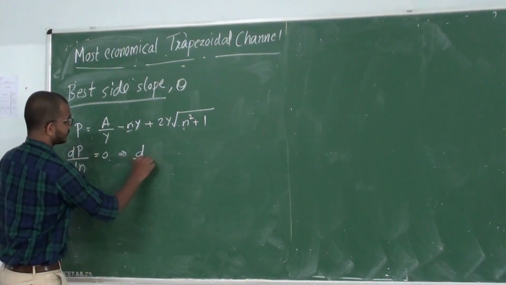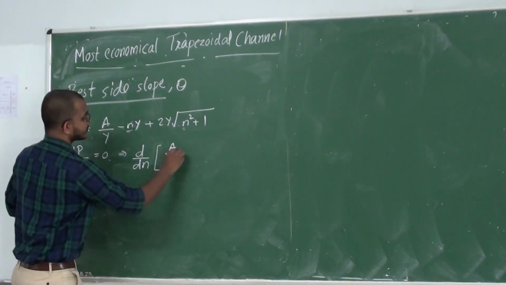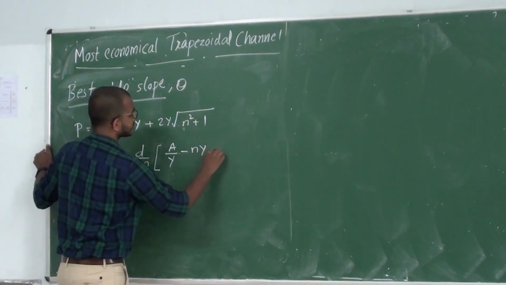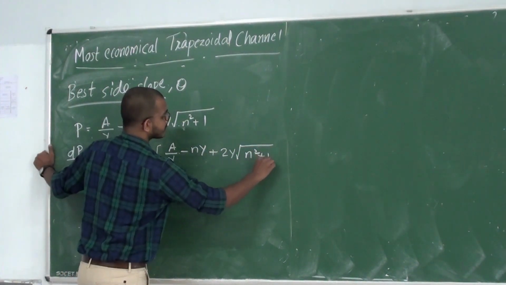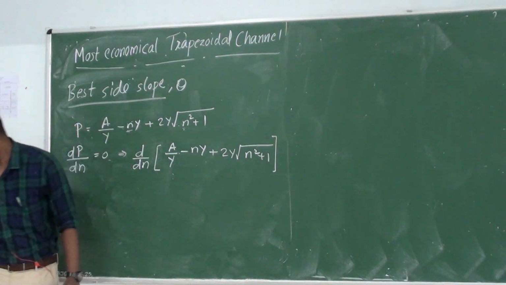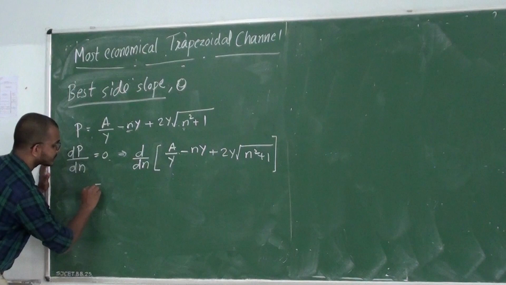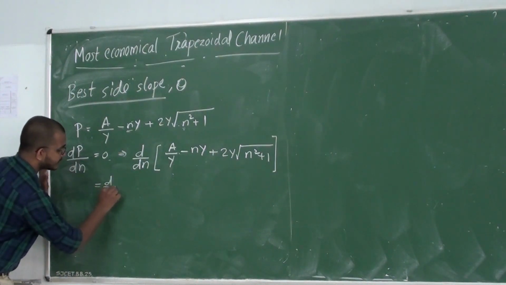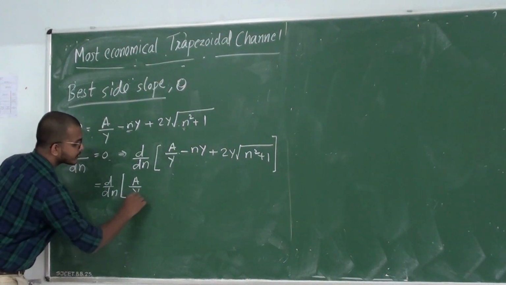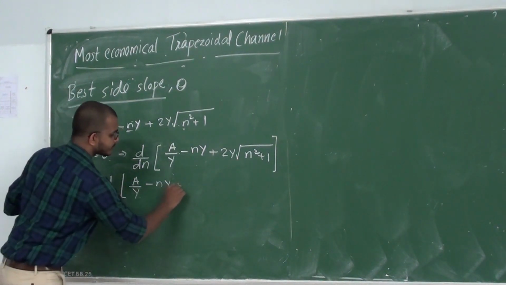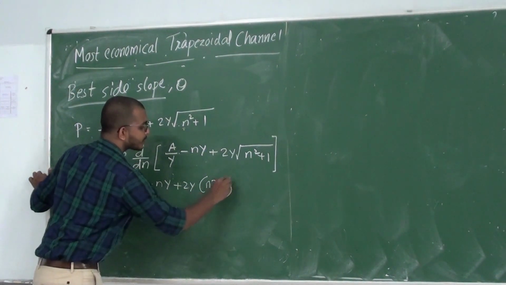So d by dn of A by y minus ny plus 2y into n square plus 1 to the power 1 by 2.